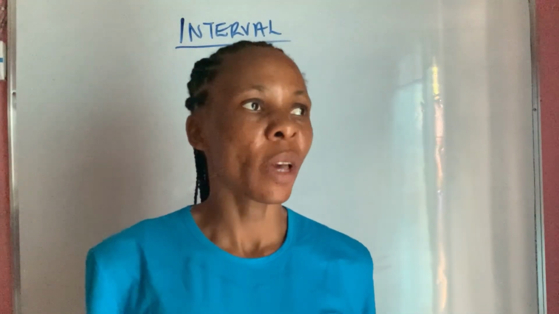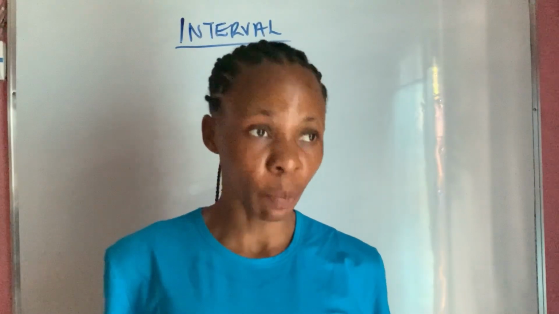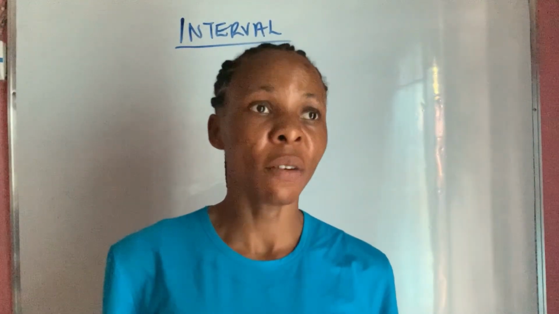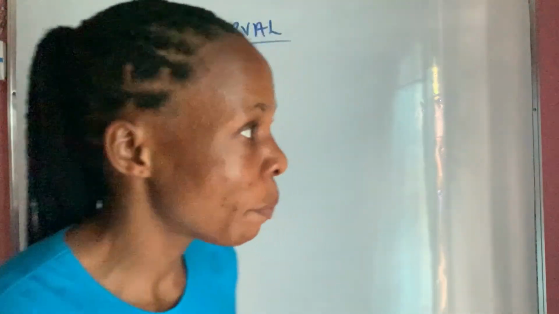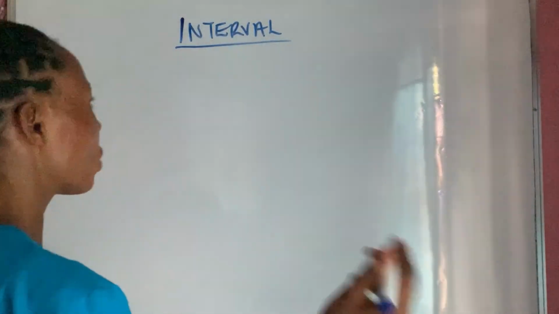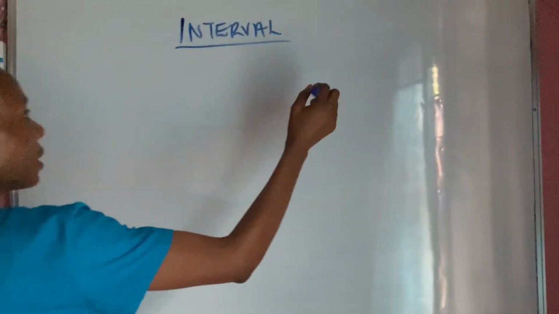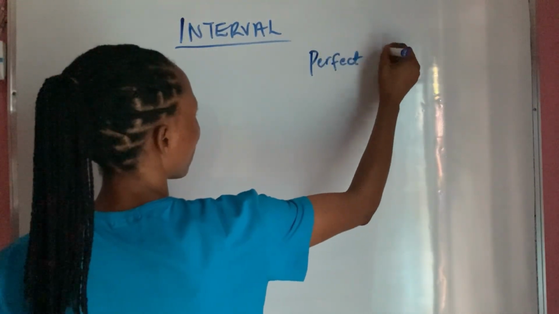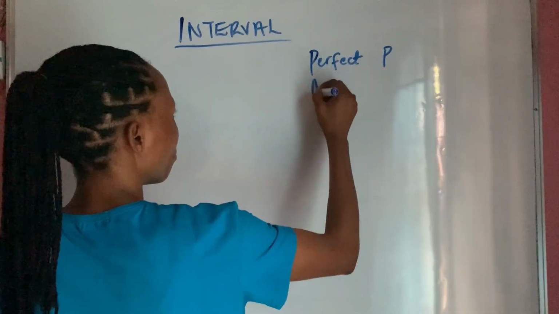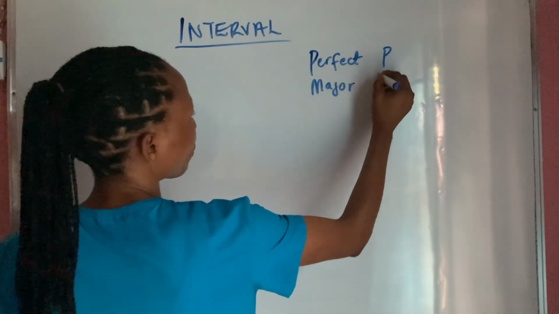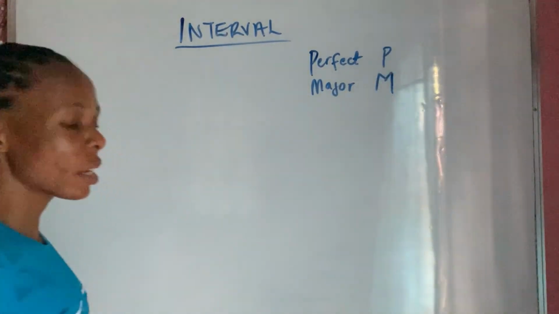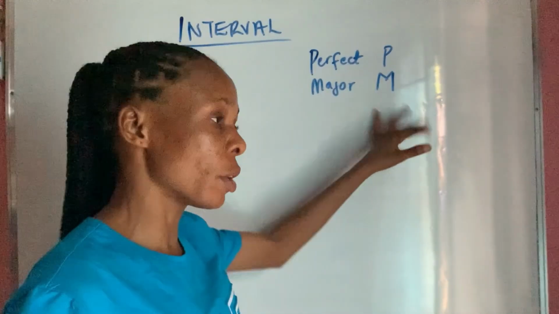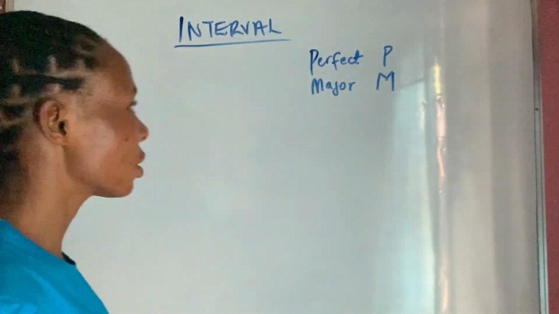Okay. Then we have some qualifying properties of an interval. In quality, we have perfect, abbreviated as P. We have major, abbreviated as capital M. Please, if I give you an assignment or a test and you write major as small m, it's your fault, not mine.